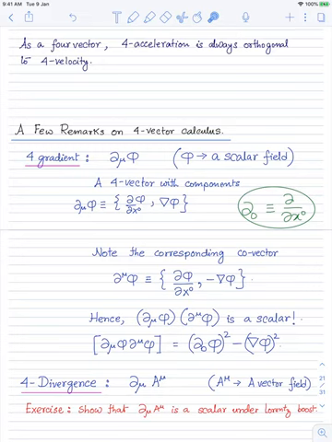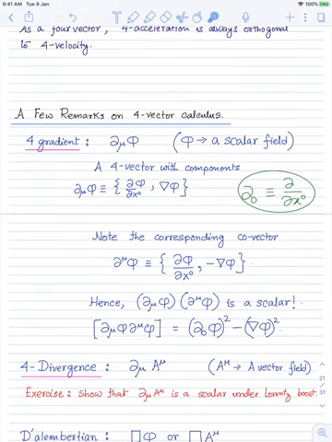If this is like a rotation, then most of the features that we saw for vectors and tensors in 3 dimensions carry over to 4 dimensions as well. So we have to treat time on the same footing as space, and we have to develop everything that way, and only then can we be consistent with special relativity. That's the bottom line of the message.